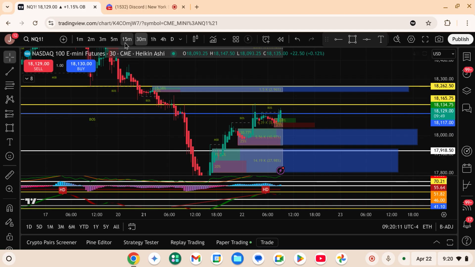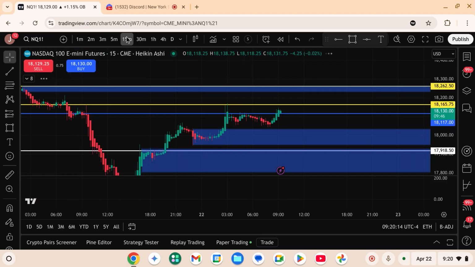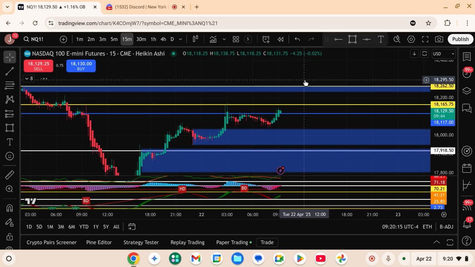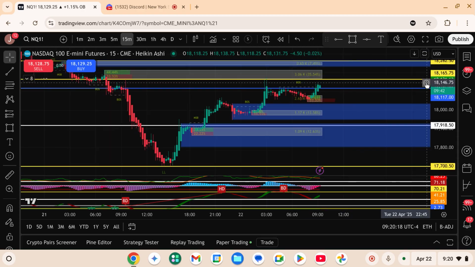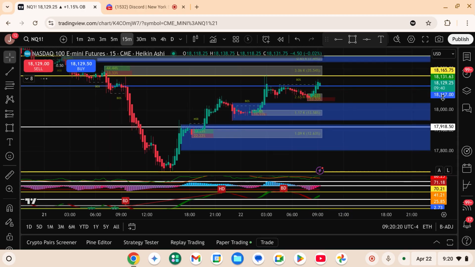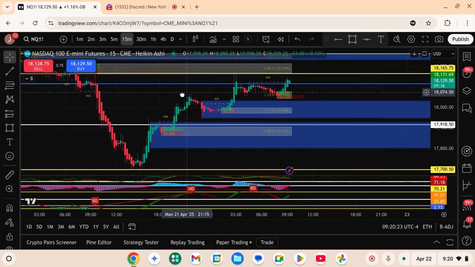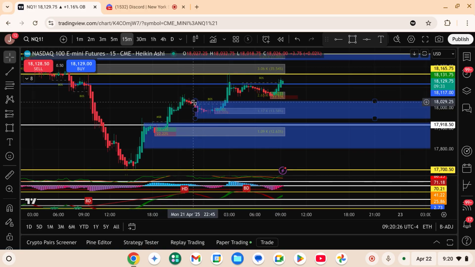Let's look at the 15. So that 15-minute is inside a half hour order block right here. This big blue box that we have right here.